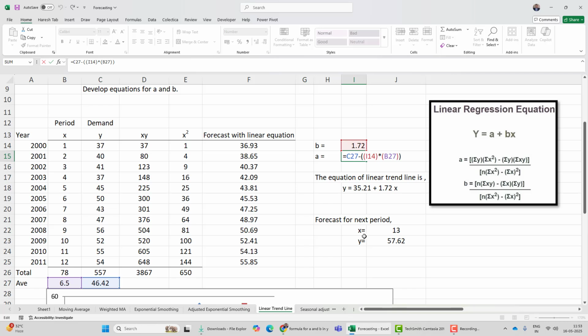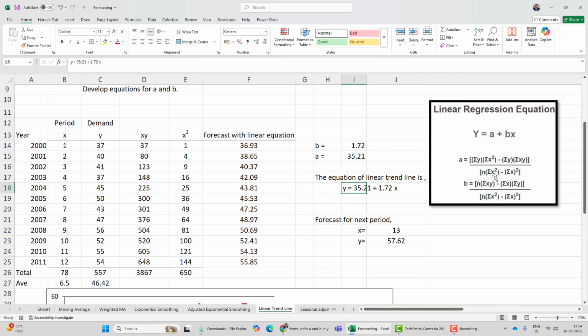So you will use sigma y here, then sigma x square will be this, then sigma x again, and sigma xy will be this, and in the denominator n is the number of observations, so 12 here, and sigma of x square is this one.